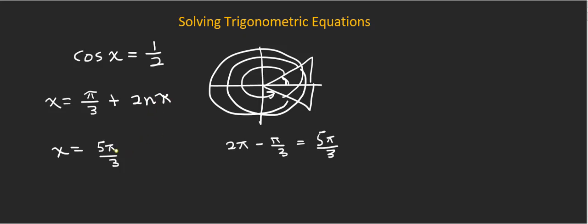And you could keep doing the same thing for 5 pi over 3, so plus 2n pi, where n is any integer.